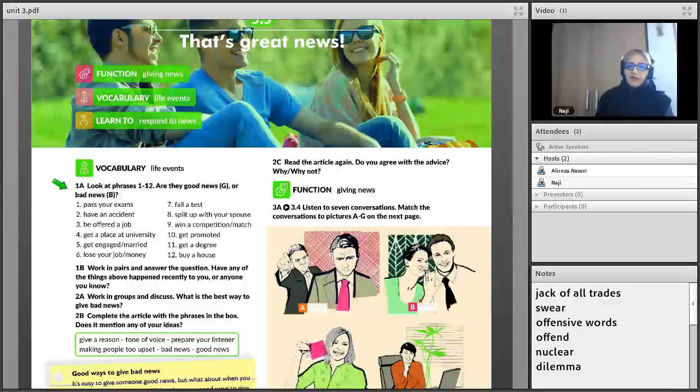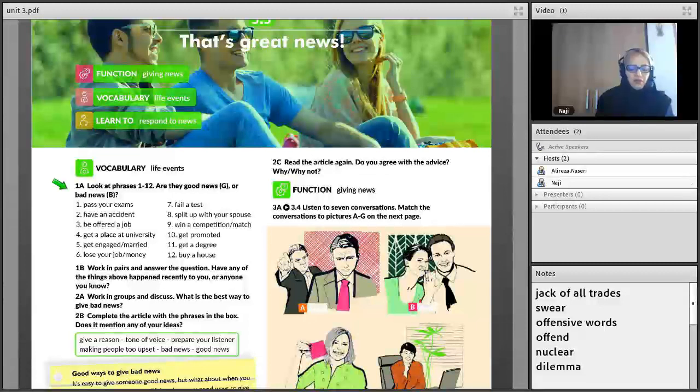We talked that some of them are separable. We can separate and use an object. Some of them are inseparable. When they need an object, we cannot separate them and put the object between them. So split up is bad news.